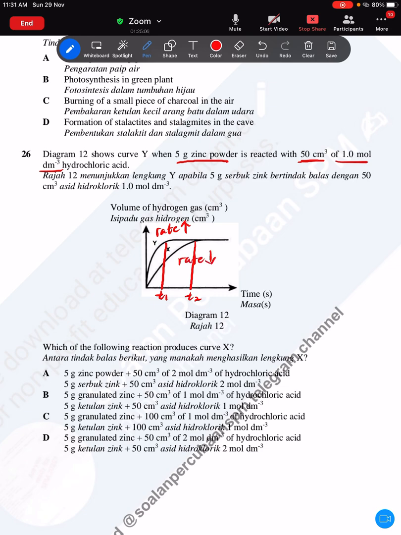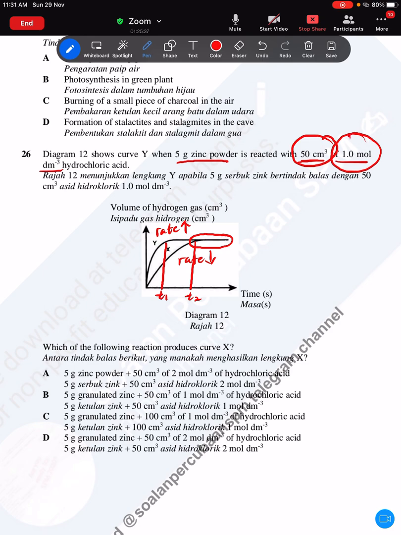But I would like to ask you something. Do both graphs, the X and Y, meet at the same point? If they meet at the same point, this indicates the amount of the hydrochloric acid will be the same.